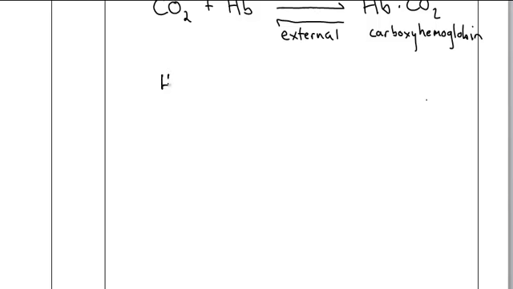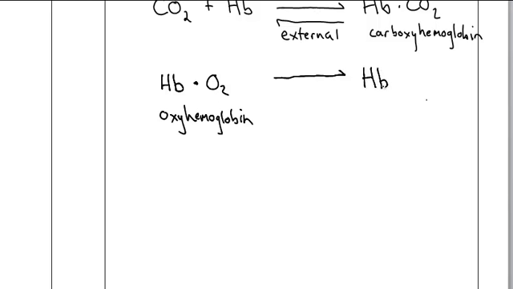In contrast, if you have hemoglobin bound to oxygen, this is oxyhemoglobin, and you go to a situation where you have lots of oxyhemoglobin but very little free oxygen, it's going to pull the reaction such that oxygen is going to separate from the hemoglobin and become free, and when it's free, then it can diffuse, such as it does in the tissues of internal respiration.